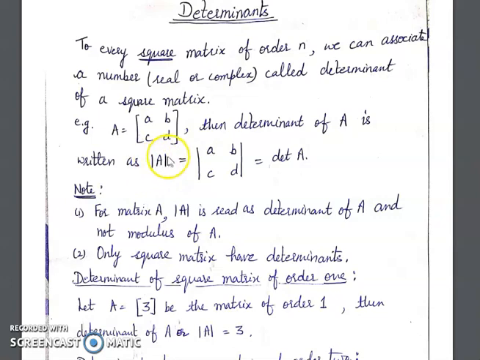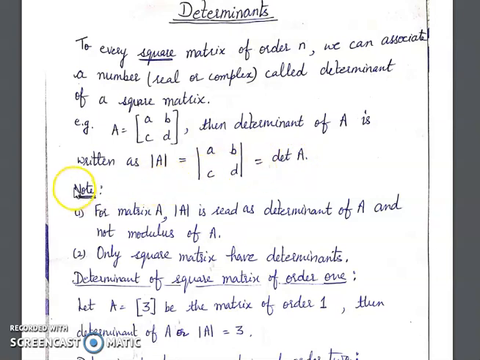All the elements are written between these two bars. The matrix symbol is different, but the determinant symbol is simple bars around a, b, c, d. Or in short we write det A, the short form of the determinant of A.